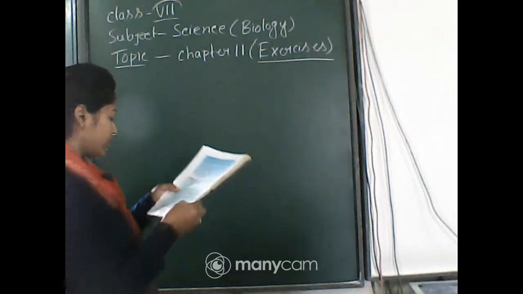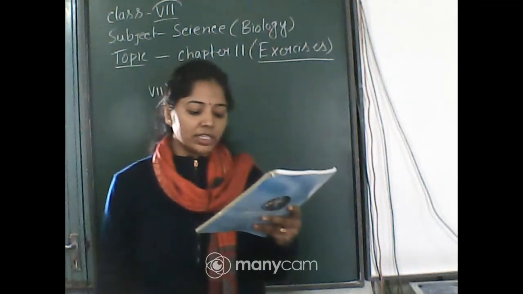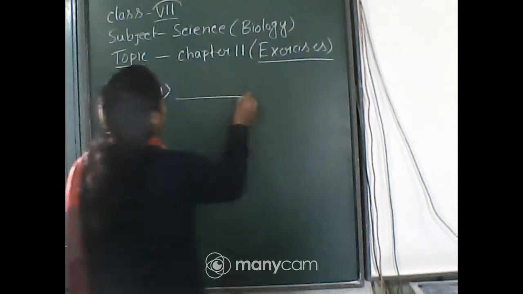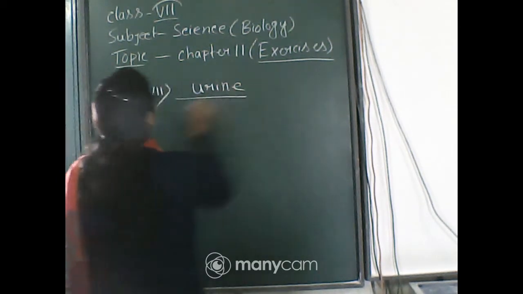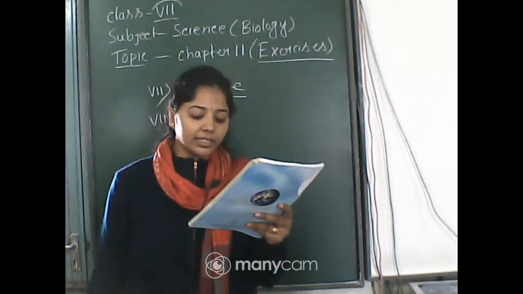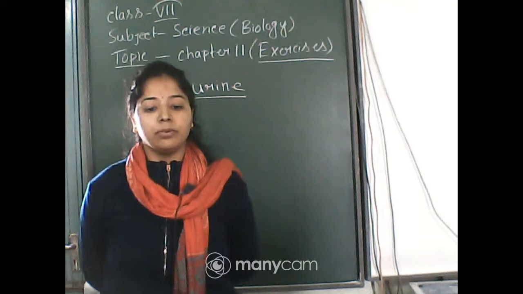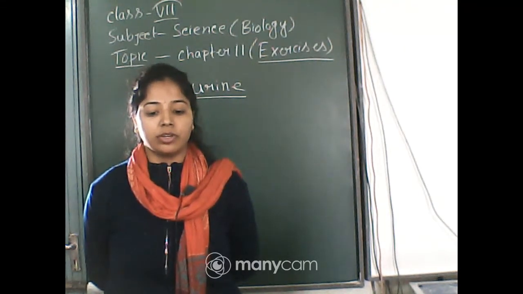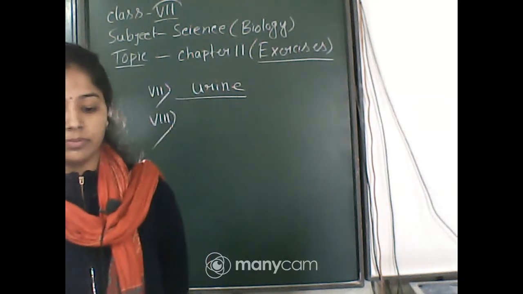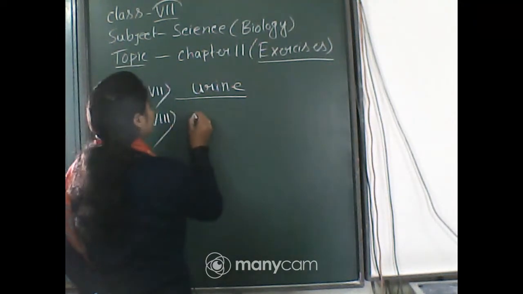Now comes the seventh question: kidney eliminates the waste material in liquid form called dash. Here the answer will be urine. Now the last question of the fill in the blanks: water reaches great heights in trees because of the suction pull caused by dash. The name of the process is, please write in your chat box. Yes, very good. The answer will be transpiration.